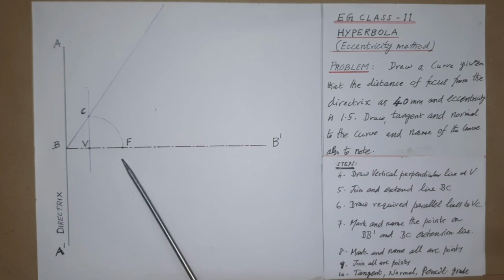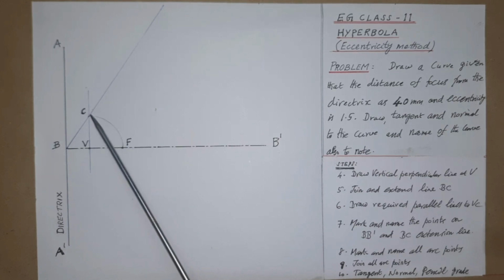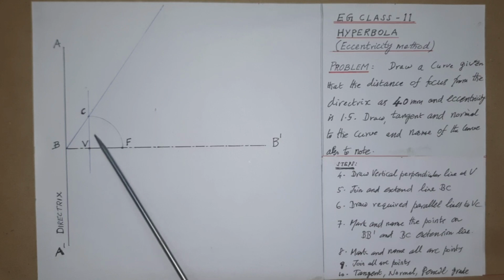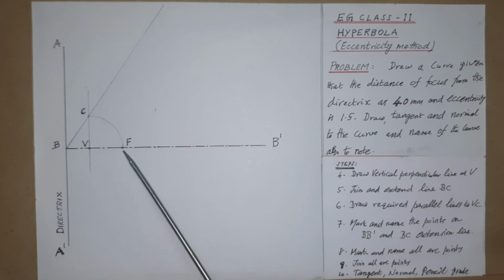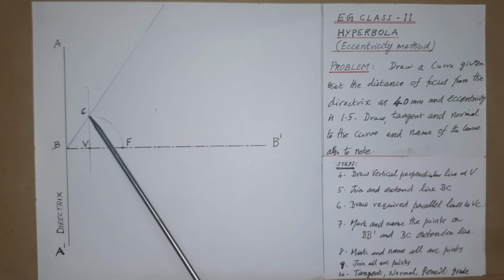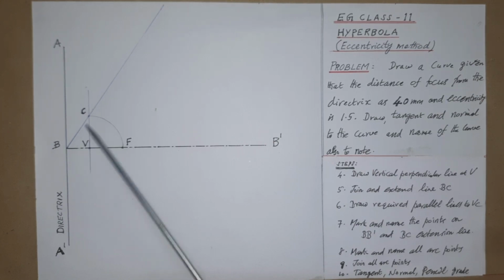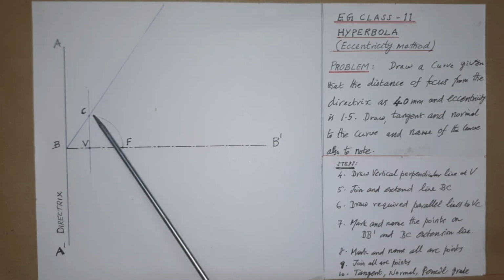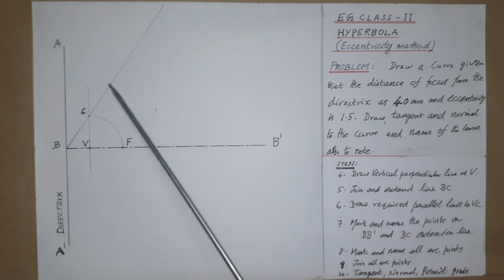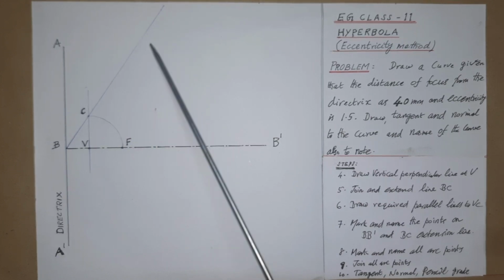It is already known, may be taken in the compass, and an arc may be drawn like this to find the point C, or otherwise we may also take this VF distance with a divider and make a mark on the vertical line. Both are correct. So now join the line BC and extend the line to the required length.